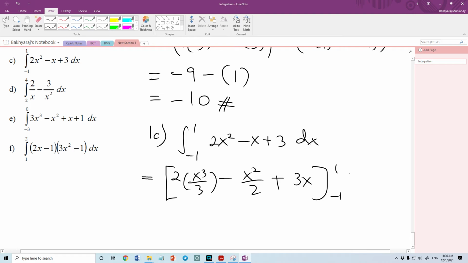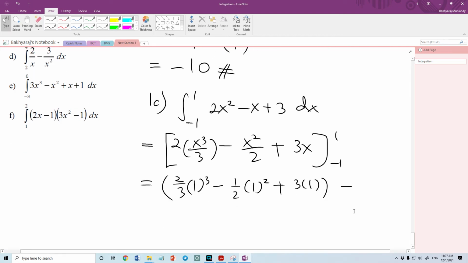Once the integration process is over, now we need to simplify. Here I think there is nothing to simplify, so you can straight away substitute the value, right? So you get 2 over 3, 1 power of 3, minus 1 over 2, 1 square, plus 3 times 1, minus is the formula, bracket.